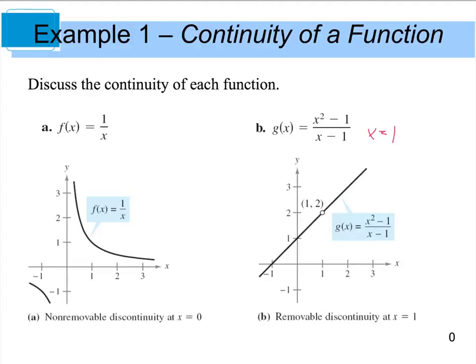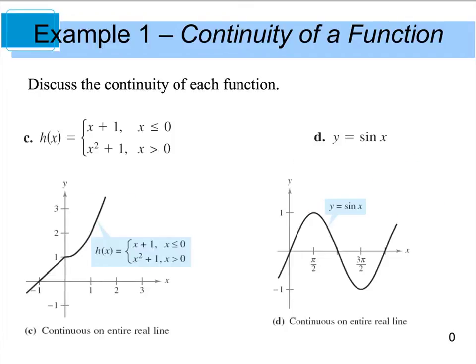But what I can do is rewrite that as x plus 1 times x minus 1 divided by x minus 1. These here are going to cancel, and now I can take the limit as x approaches my c value, in this case 1, of x plus 1, and still get something that looks like this, but this point will now be filled in.